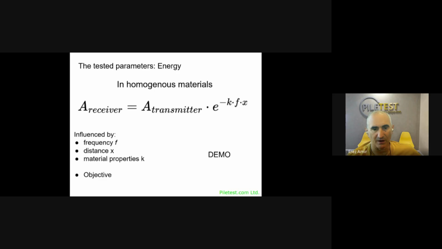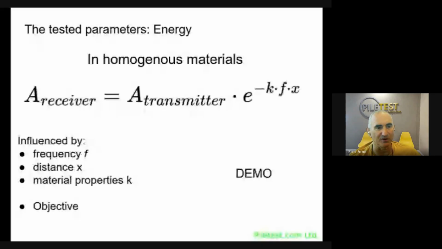So we now continue with the next parameter that the system gives us, and that's energy. Energy is just how much strength the signal still has when it arrives to the receiver. And the energy is a function of the energy that we transmit, multiplied by e to the power of a constant k, f, which is the frequency of the ultrasonic wave, and x, which is the distance.